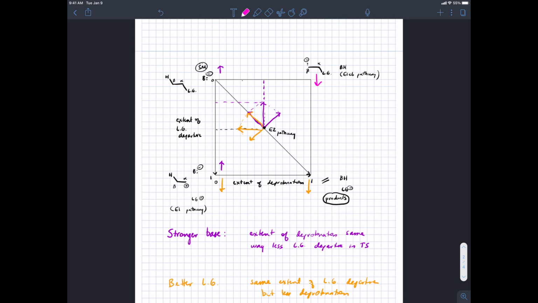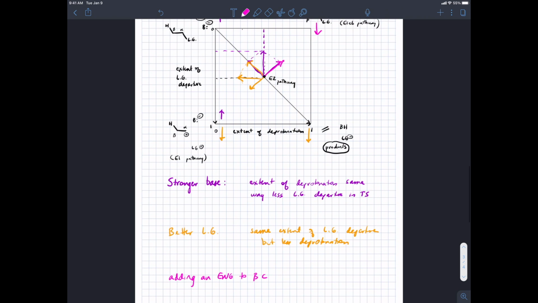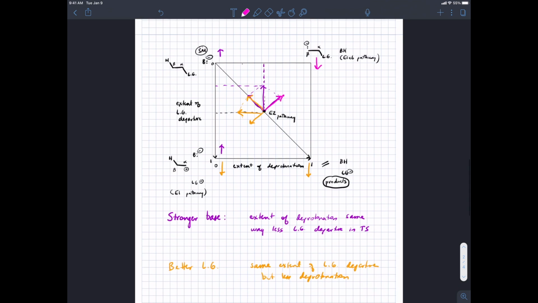So in that case, we would expect the transition state to move to more deprotonation and less leaving group departure. And therefore more carbanion character on the alpha carbon.